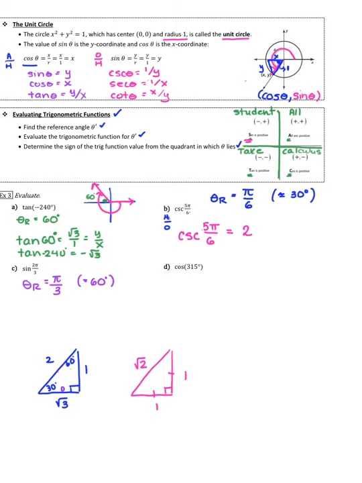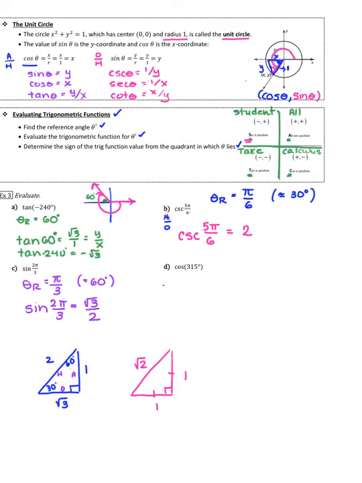So this now is my opposite, my hypotenuse, my adjacent. So the sine of a 60-degree angle is the opposite over the hypotenuse, so rad 3 over 2. But 2 pi over 3 is 60 times 2, 120. That puts us in the second quadrant, and sine is positive in the second quadrant, so we keep it as a positive ratio.